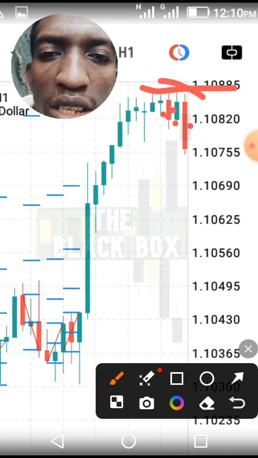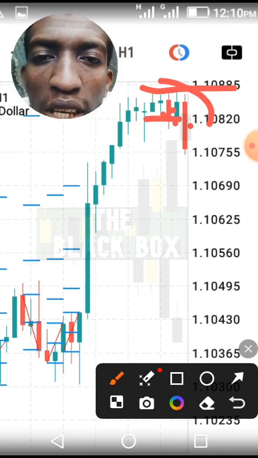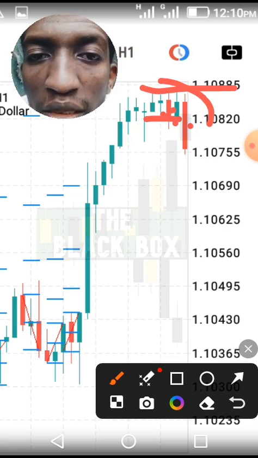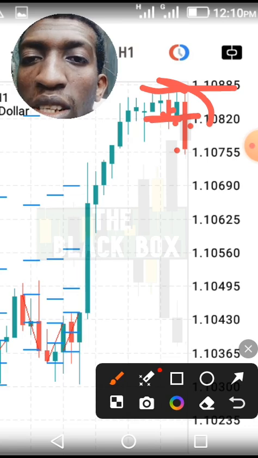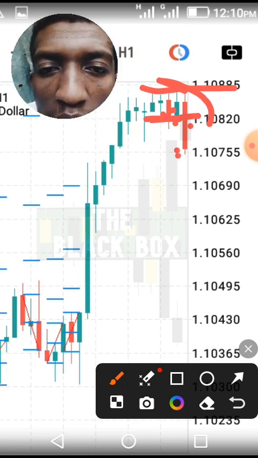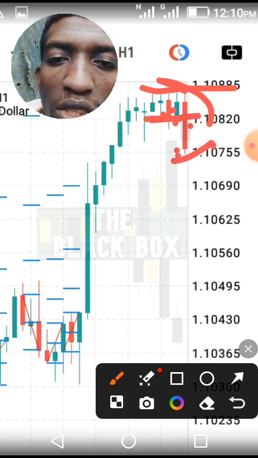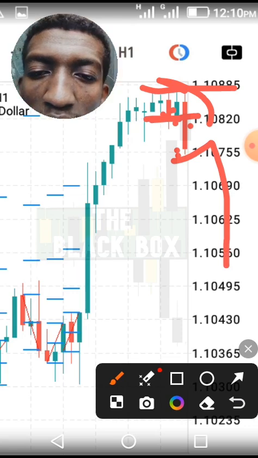These are better than this one. And at the first place, it didn't break the black box, which means I'm not interested in this doji, in this spinning top. I'm only interested in the full-bodied candle, which means I'm gonna sell down.